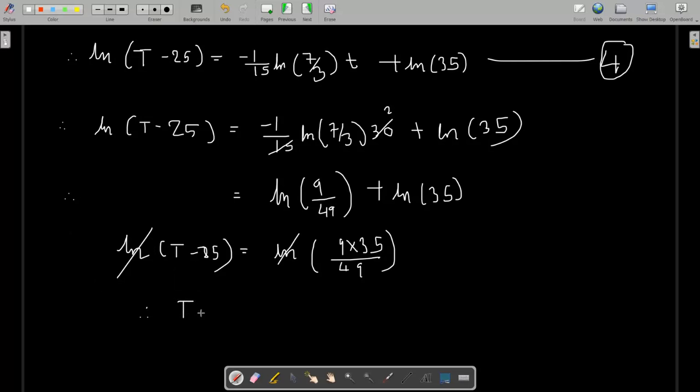So we have T minus 25 is equal to 9 into 35 divided by 49. When you solve this, taking 25 to the other side, it becomes plus 25.